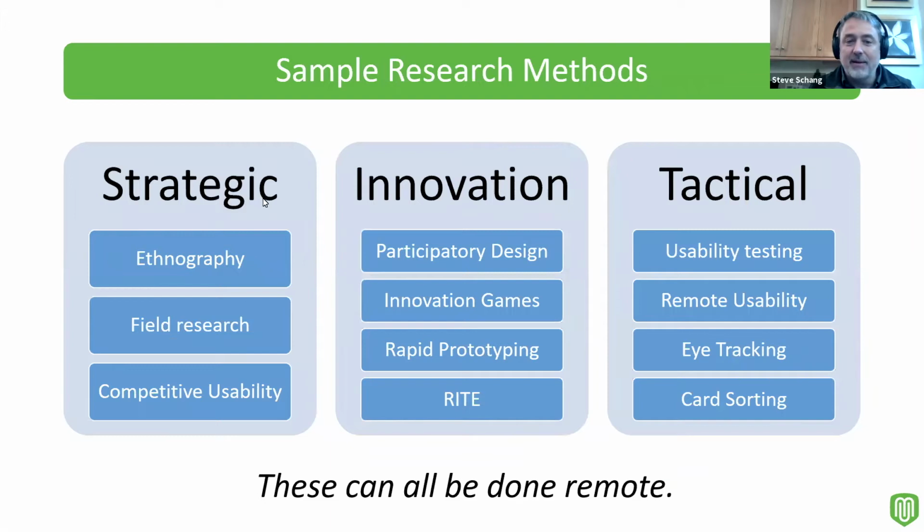And then just real quick, some of the research methods that can be used in each of these phases. When we talk about strategic, it's ethnography, field research, competitive usability. Innovation, where we're still exploring ideas, is doing innovation games, rapid prototyping, user-centered design, or participatory design type activities where users help rank and prioritize features.